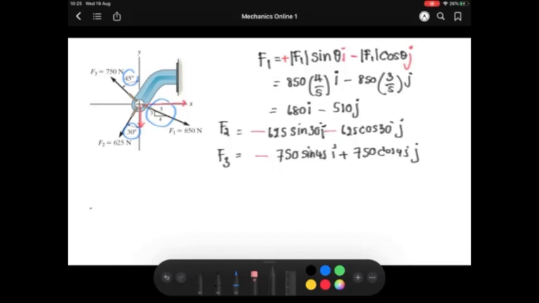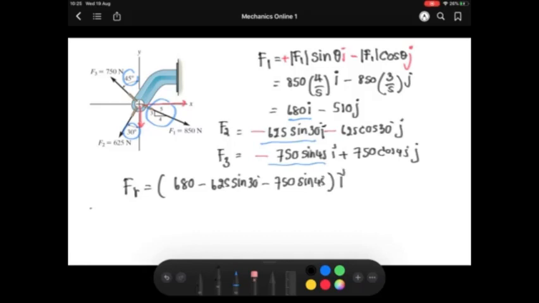So our FR will be 680 minus 625 sine 30, and then minus 750 sine 45, and all of this is in the x-axis, or i vectors.